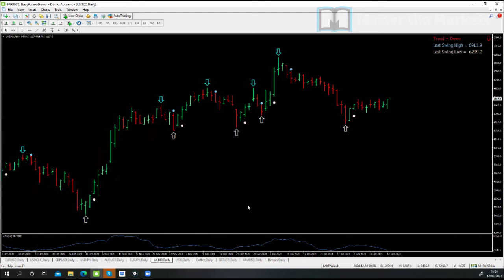Since the beginning of November, we haven't had much of a direction, but we had a run in late December, coming into the new year. But since then, very little happening on the FTSE for us.